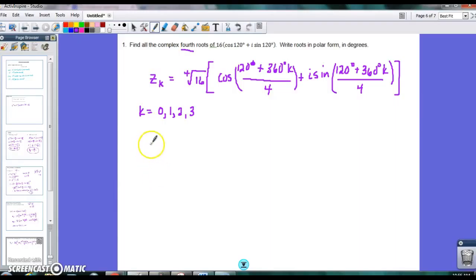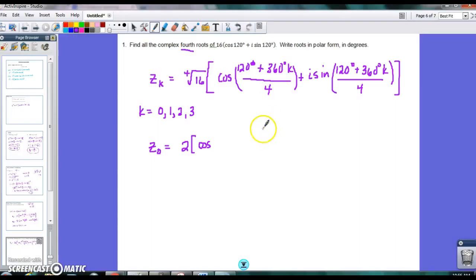So let's do z sub 0 first. z sub 0 is going to be the fourth root of 16. We already know what that is, right? Fourth root of 16 is going to be 2. Okay, so then I've got the cosine of 120 plus 0, because k is 0, so I multiply 360 by 0.